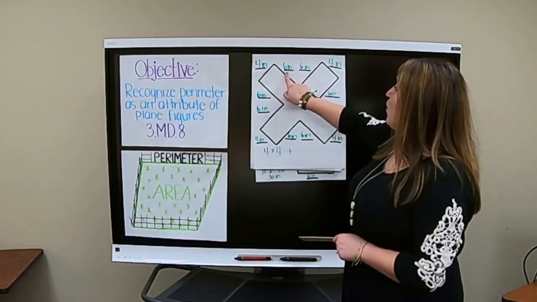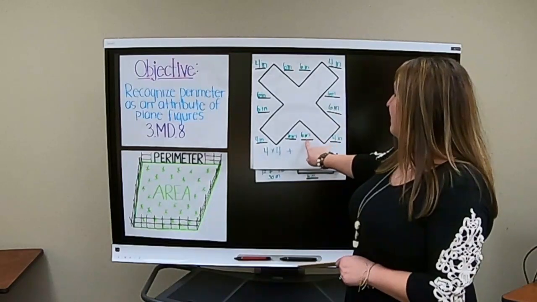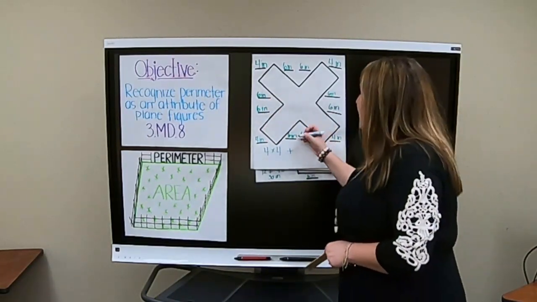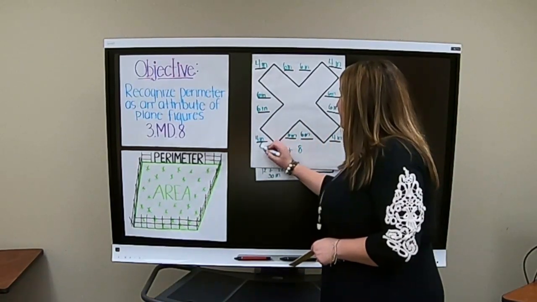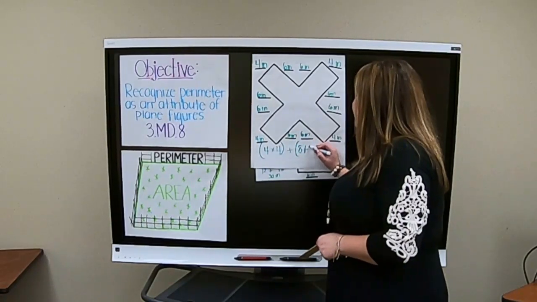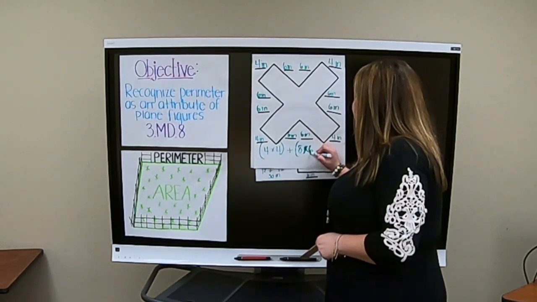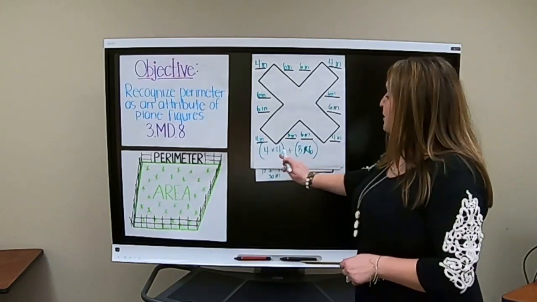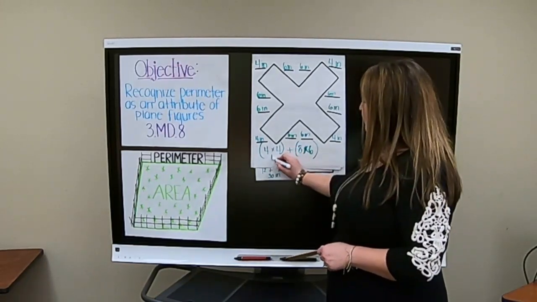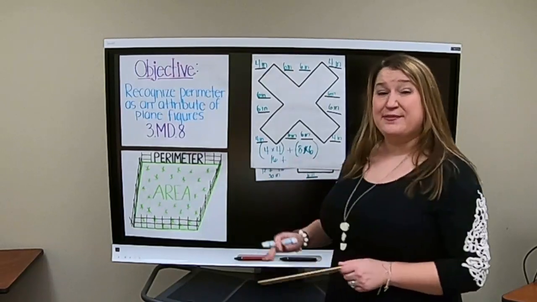Let's count them. 1, 2, 3, 4, 5, 6, 7, 8. So we're gonna have 8 times 6, okay? So 4 times 4 is 16, plus 8 times 6 is what?